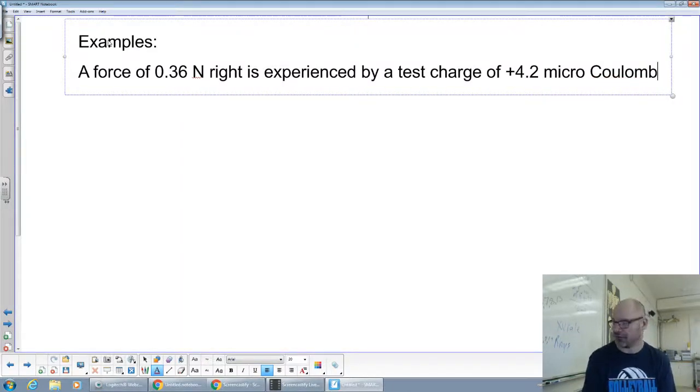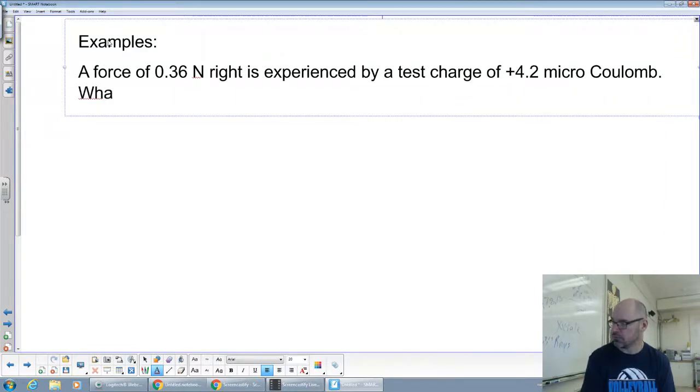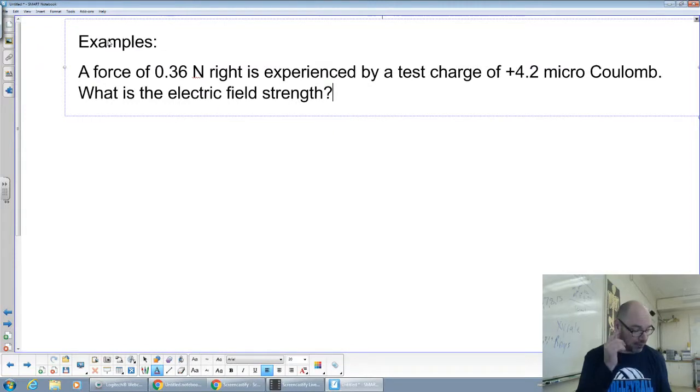What is the electric field strength? This is nothing but a simple division for us.